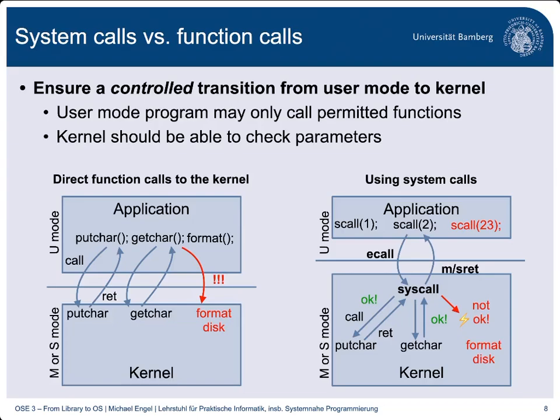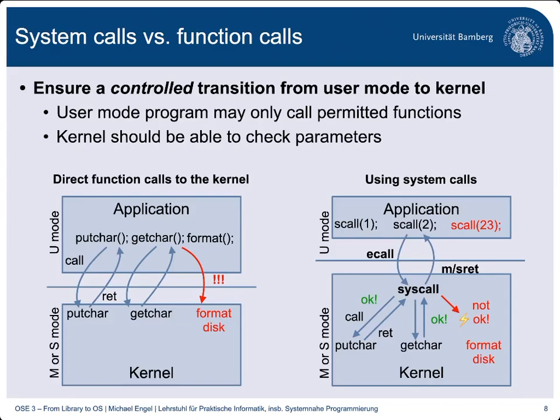And you've seen this before in your bare metal Hello World, how this works in our emulation. The same with getchar, so we need to read the character from our keyboard, for example. And then finally, our application tries to format the hard disk. Now, common applications should not be allowed to format hard disks arbitrarily, obviously. So the operating system could now check, okay, that's application number 42, and it tries to call syscall 23, which is formatting a hard disk.